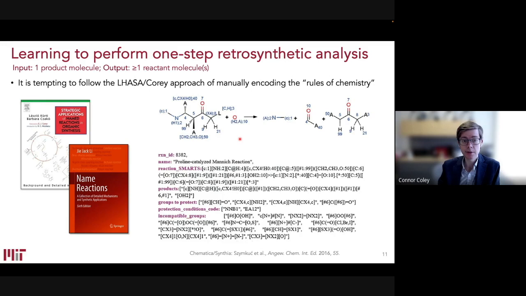And this pattern basically defines the transformation. So if in a molecule you'd like to synthesize, you see this subgraph present, if the subgraph matches the molecule you'd like to make, this will generate a recommendation of reactant species that might be used to create that molecule.